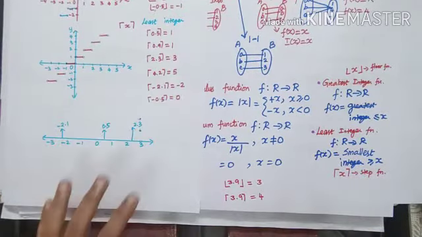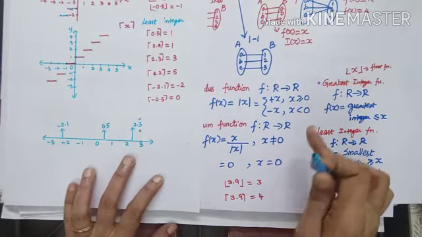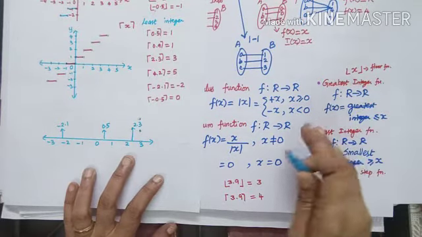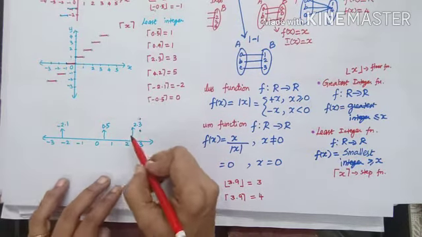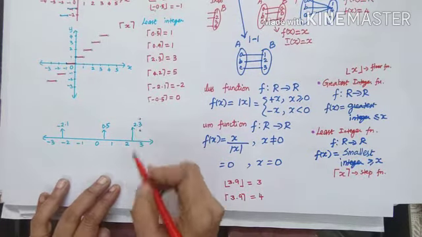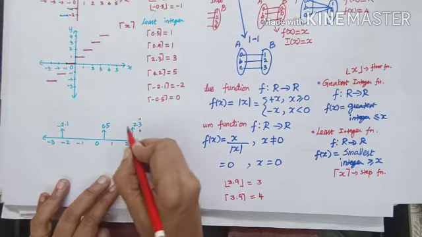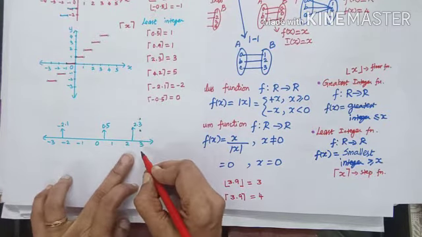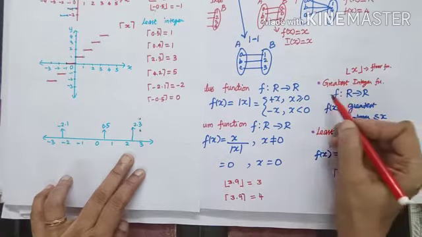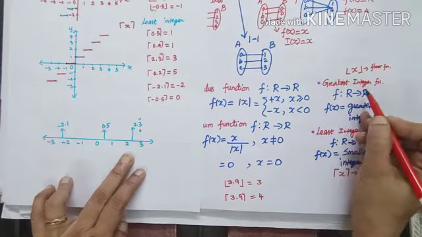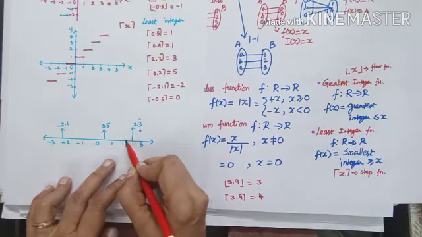Every number in maths, I can say it is above an integer and below an integer. For example, see this: 2.3. I can say 2.3 is above 2 and I can say 2.3 is below 3. So the greatest integer function tells me to see the left number.